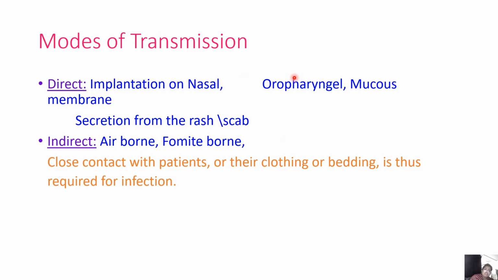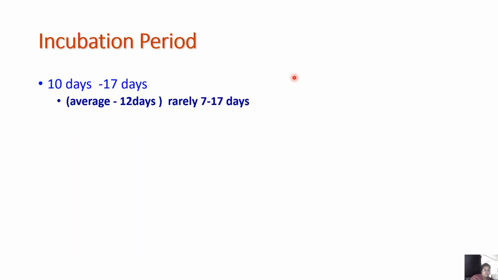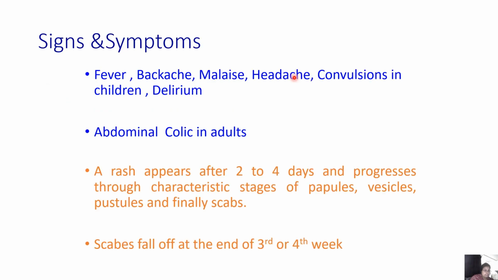What are the modes of transmission? It can be direct implantation on nasal or oropharyngeal mucous membrane, secretion from the rash or scab, or indirect, like airborne and fomite-borne, through close contact with patients or their clothing or bedding. The incubation period can be 10 to 17 days, rarely 7 to 17 days.